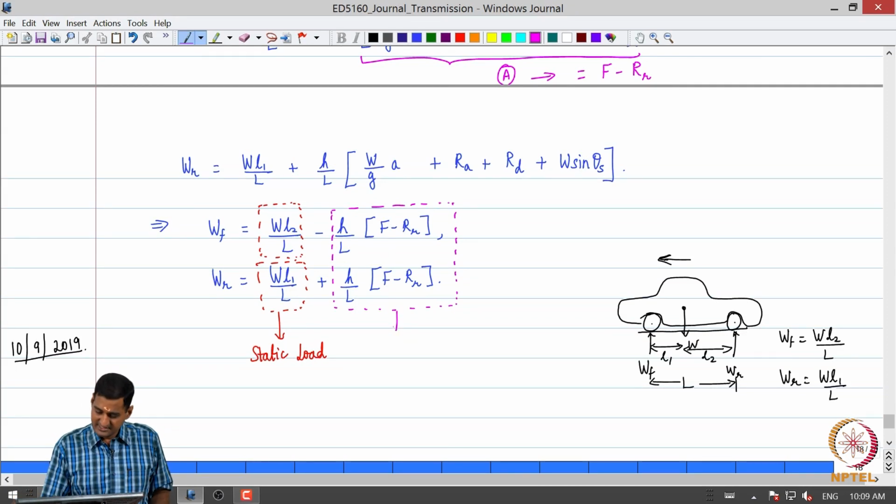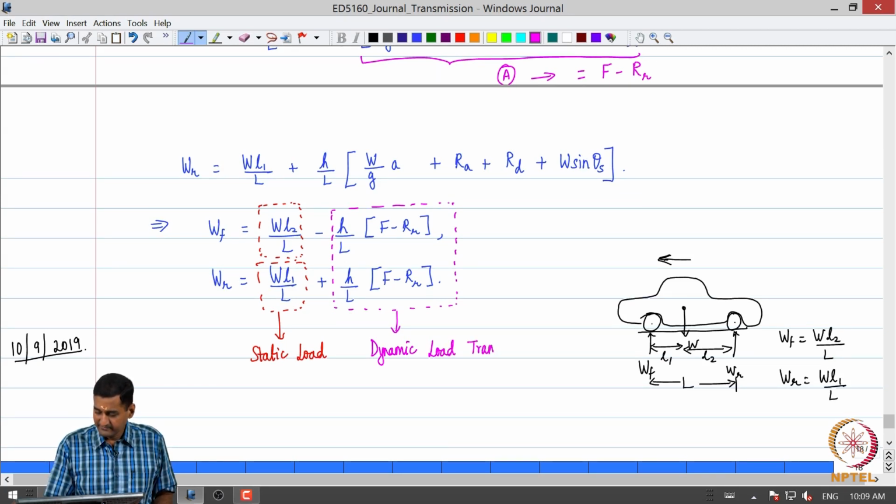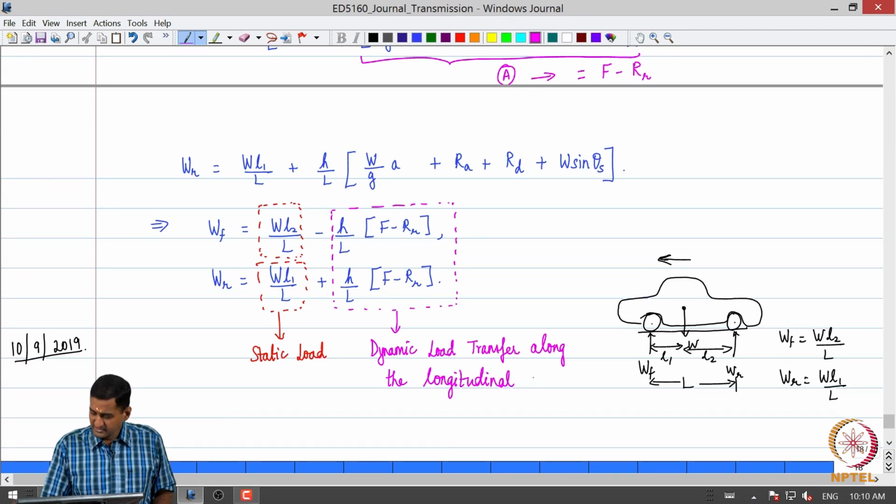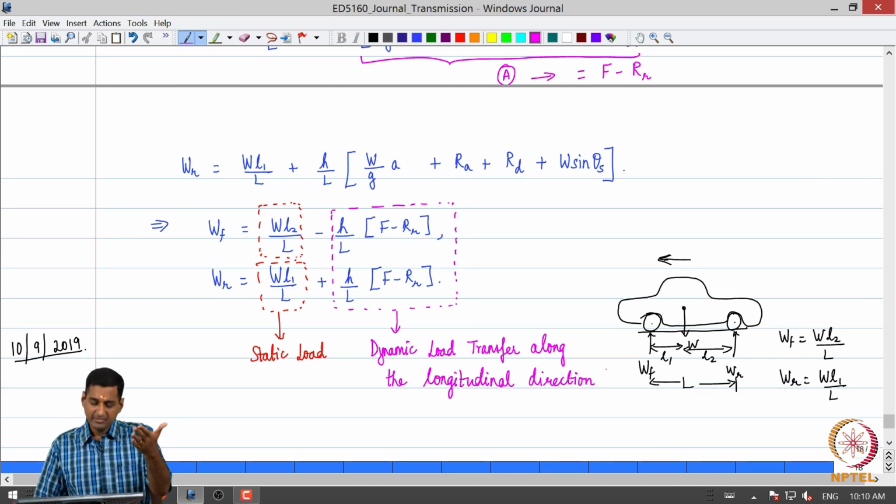Okay. So this is indicative of the dynamic load transfer along the longitudinal direction. Okay. So during acceleration, this load transfer happens from the front to the rear. So that is why we see that a quantity is subtracted from WF and the same quantity is added to WR.